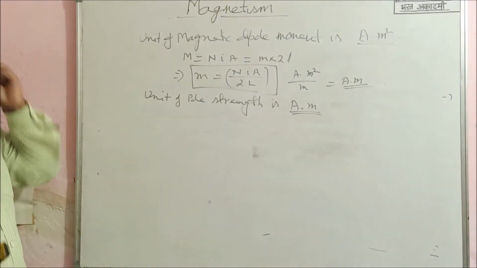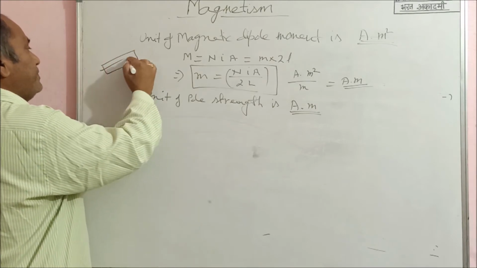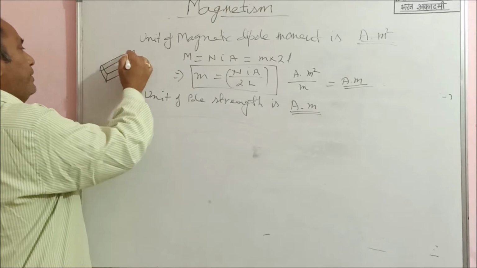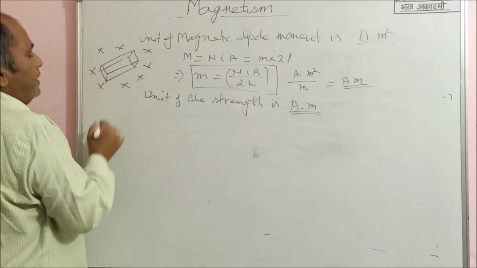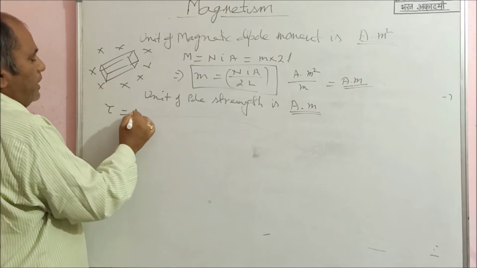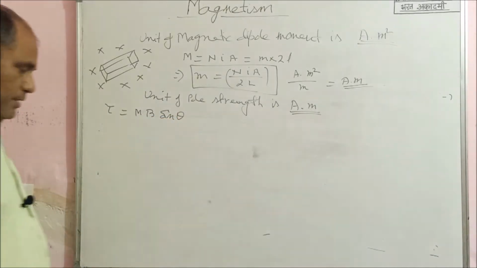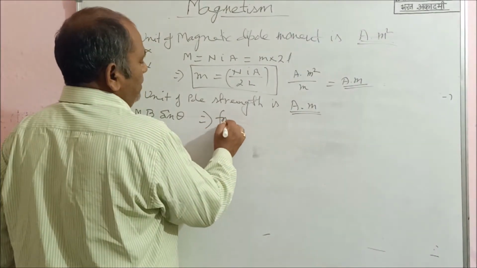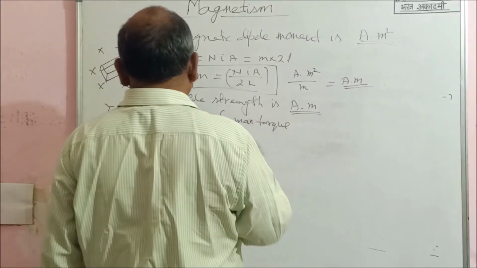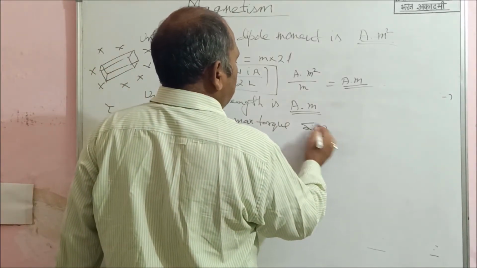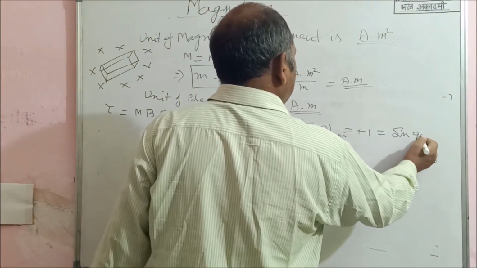Now we will use it as a fact that when a bar magnet is placed inside a uniform magnetic field, then it always experiences a torque that will be MB sine theta, right? For maximum torque, the only variable is theta. The maximum value of sine theta is +1, I can say sine 90, right?